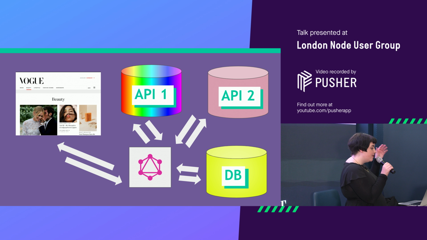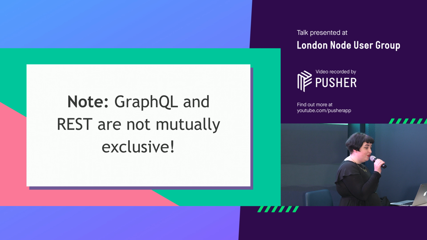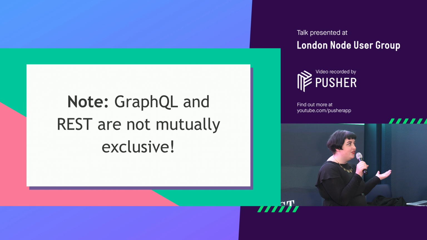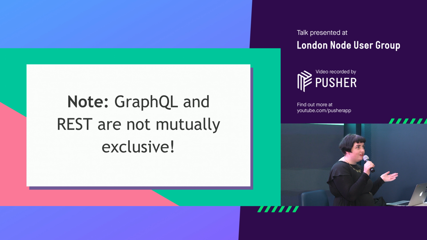And our React application, which is serving the website, has no idea because it's just interacting with GraphQL and it has a consistent schema. It doesn't care where the data comes from behind the scenes. Note, GraphQL and REST are not mutually exclusive. What we've described in this talk is using GraphQL as a layer on top of a REST API, and you can do the same.